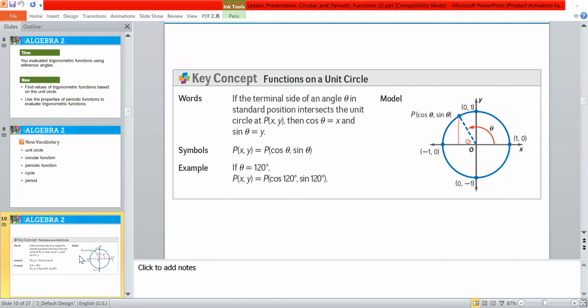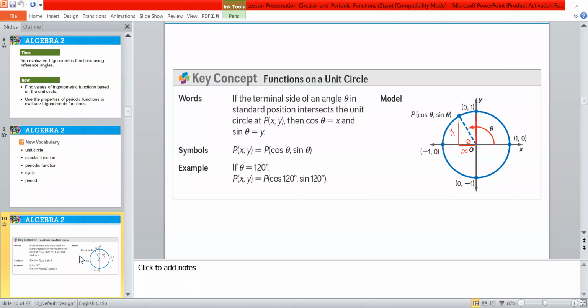This represents y because it's parallel to the line of y, and this line represents x. Pay attention with me.